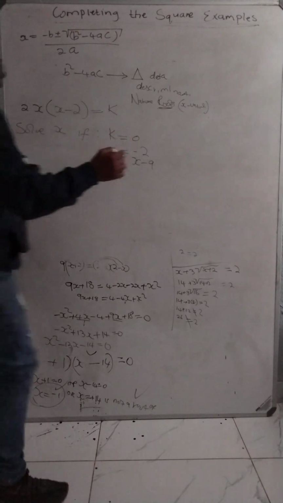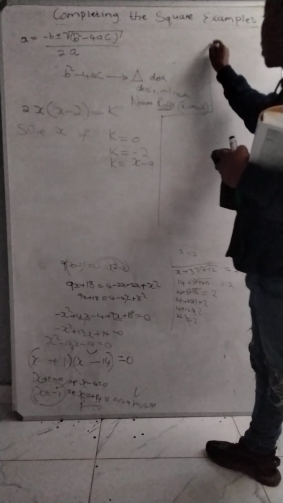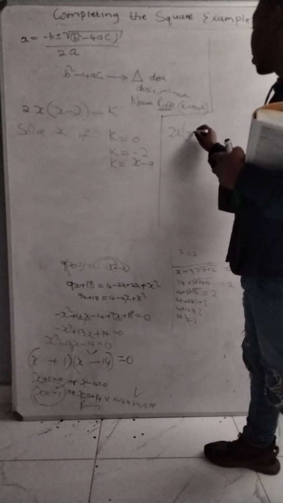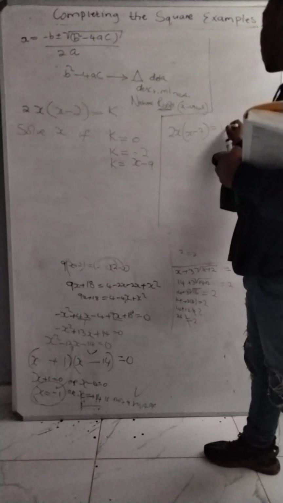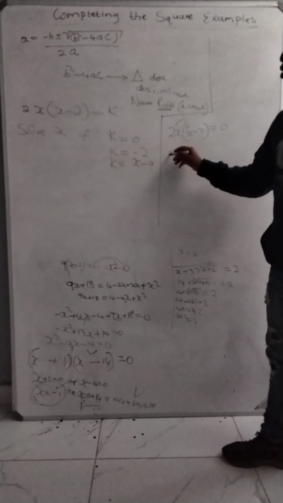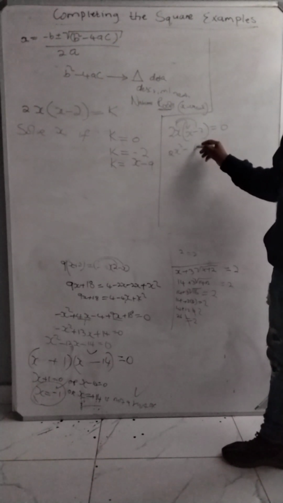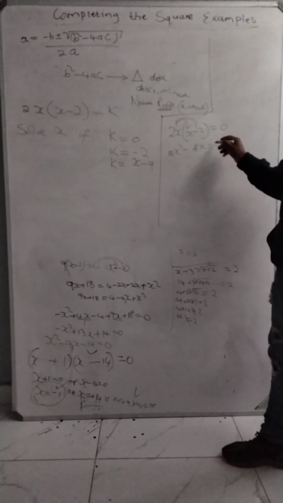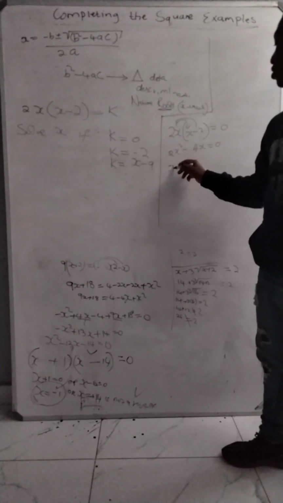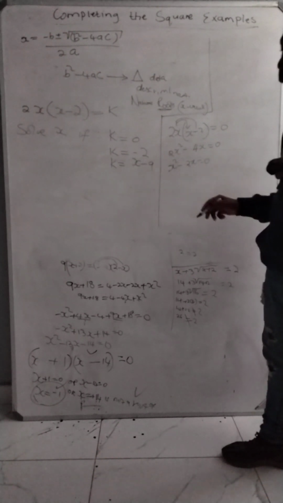So now if k is equal to 0, you're going to have 2 into x minus 2 is equal to 0, and then you multiply, and you'll have 2x squared minus 4x is equal to 0. Then you divide everything by 2, you'll have x squared minus 2x is equal to 0.